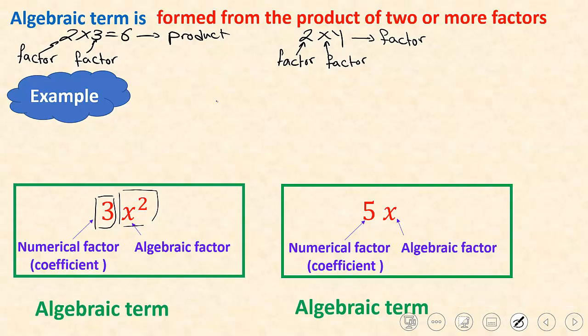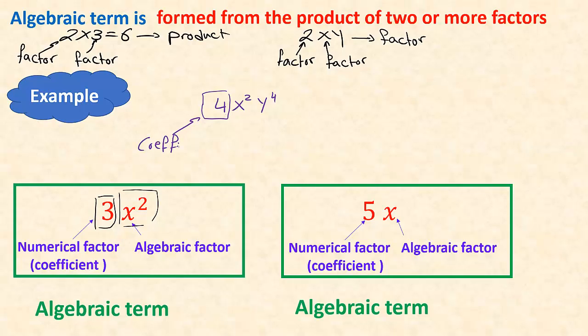What about, for example, if I told you 4x squared y to the power of 4? I have here 4. This is my coefficient, right? Because it's the numerical factor. So 4 is the coefficient. And what about x squared? As we can see, x squared is a variable, right? And when I have a factor as a variable, I call it an algebraic factor.